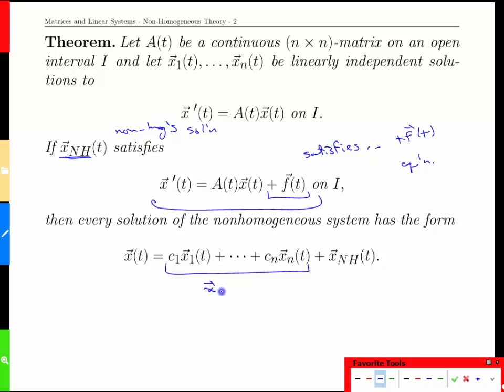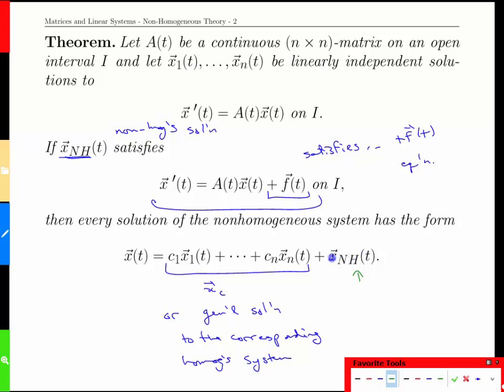Here we're going to call it xc, the general solution to the corresponding homogeneous system. And once we've found that, the effect of having this external function is to simply add one term on the end.